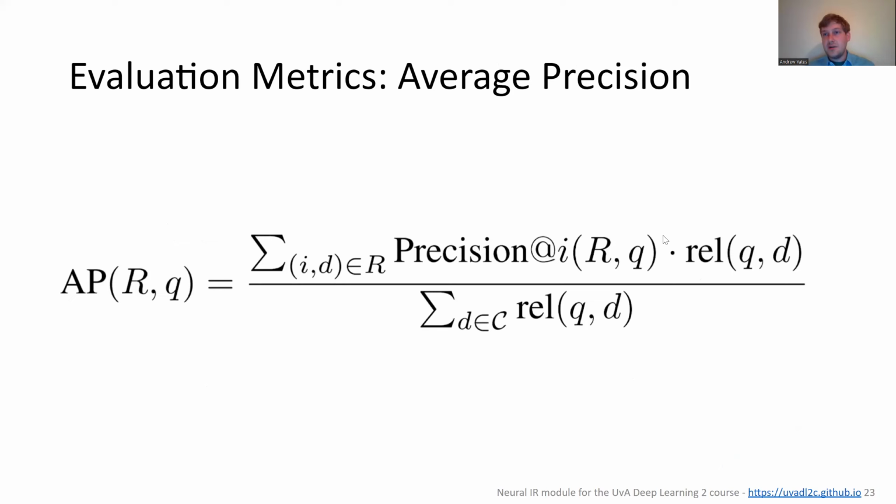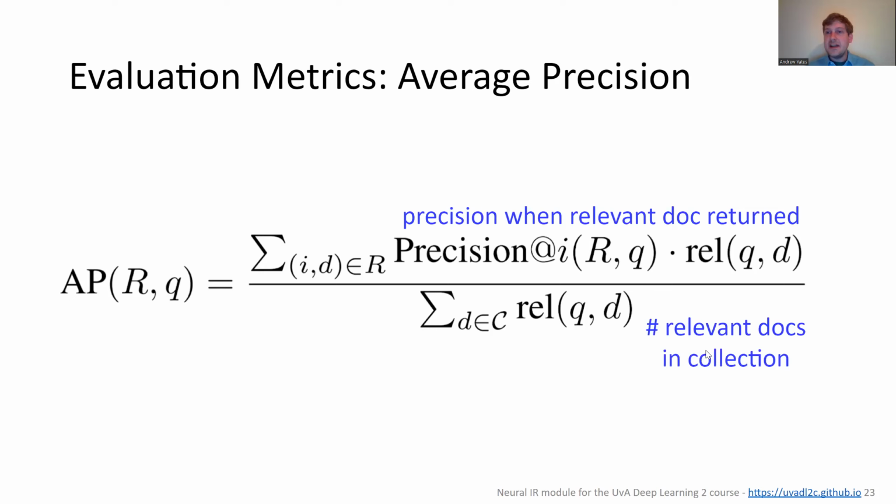Then we see our next relevant document, say at position 5. Now we have 2 relevant documents and we're at position 5, so this adds 2 over 5, or 0.4, to the numerator. So it's the precision whenever a relevant document is returned. And at the bottom is, again, the number of relevant documents in the collection.